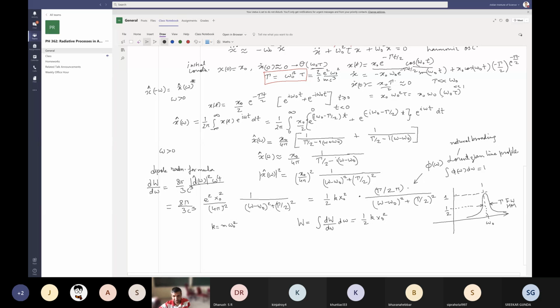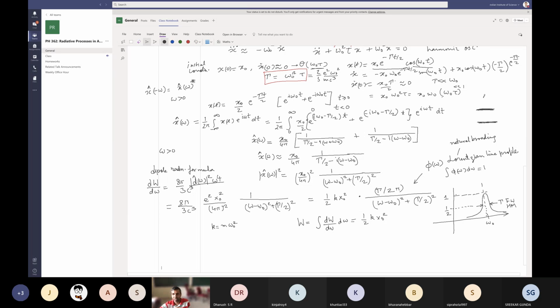Okay, so this is the classic, and this broadening is fundamental. You cannot avoid it. It's because of this radiation reaction force, or it is also connected to the uncertainty principle, which makes these energy levels somewhat fuzzy rather than perfect, because of the energy-time uncertainty relation, right?